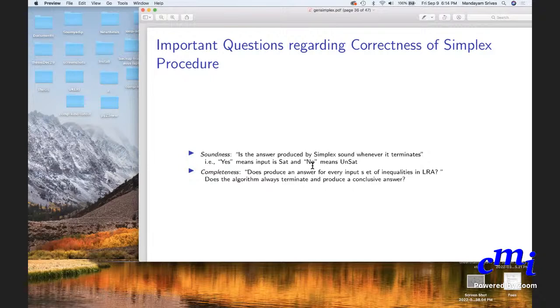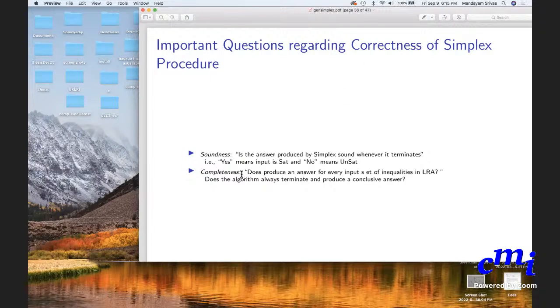And if it says no, it means that the set of input constraints is unsatisfiable, that there is no satisfying assignment. That is one important question that one always has to answer in analyzing the correctness of any decision procedure.